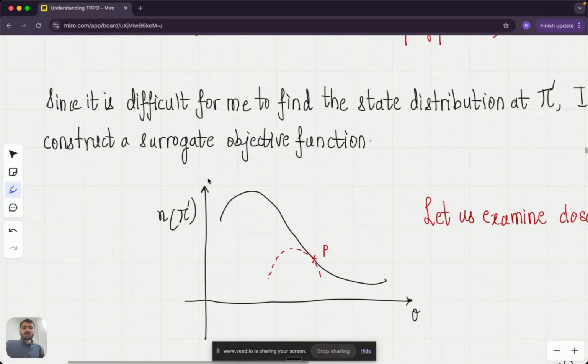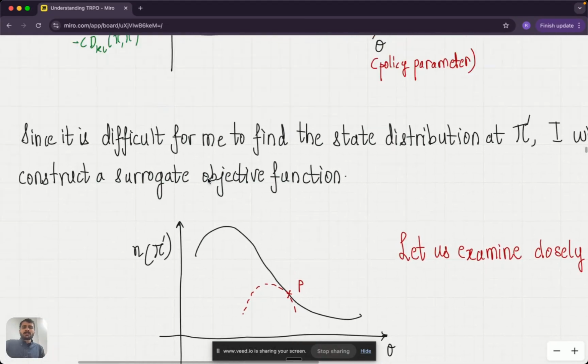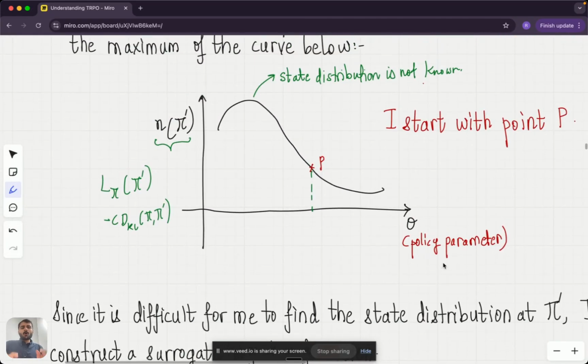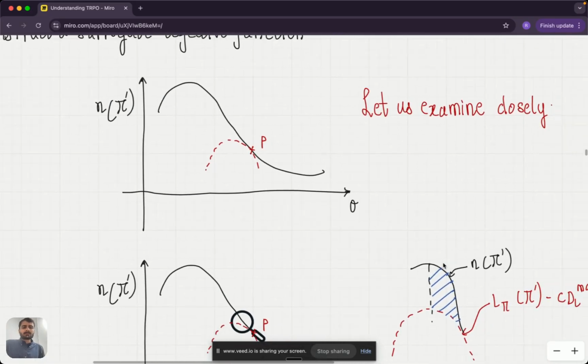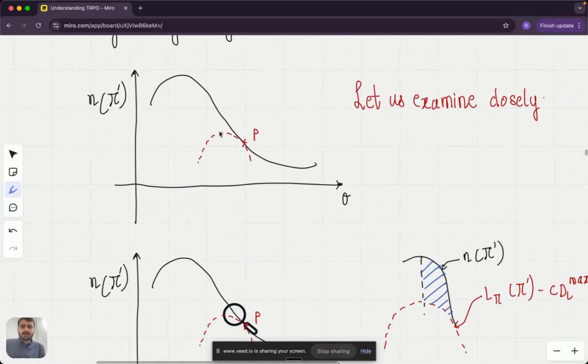We want this new function to be such that it is always less than the true function, always at the bottom of the true function, so that instead of optimizing the true function at every parameter, all we do is optimize the surrogate objective function.